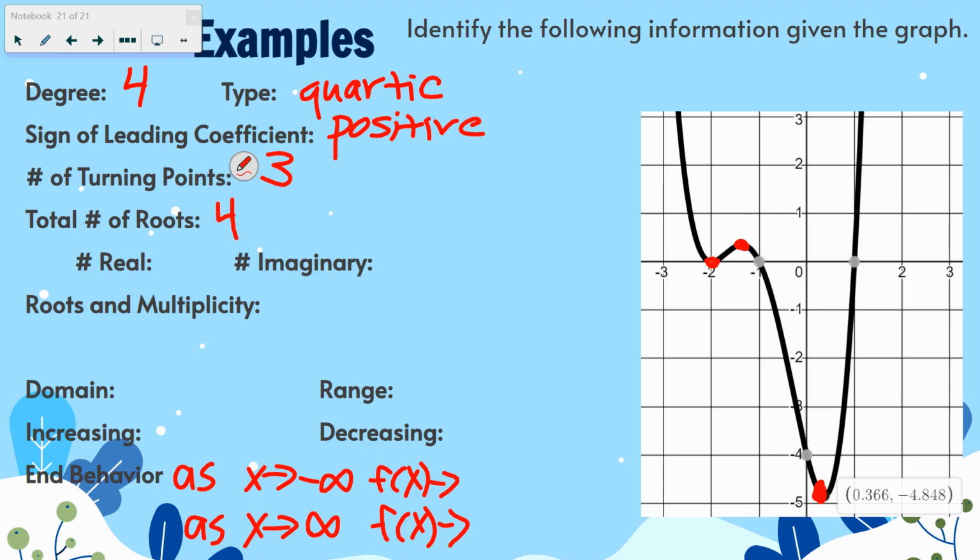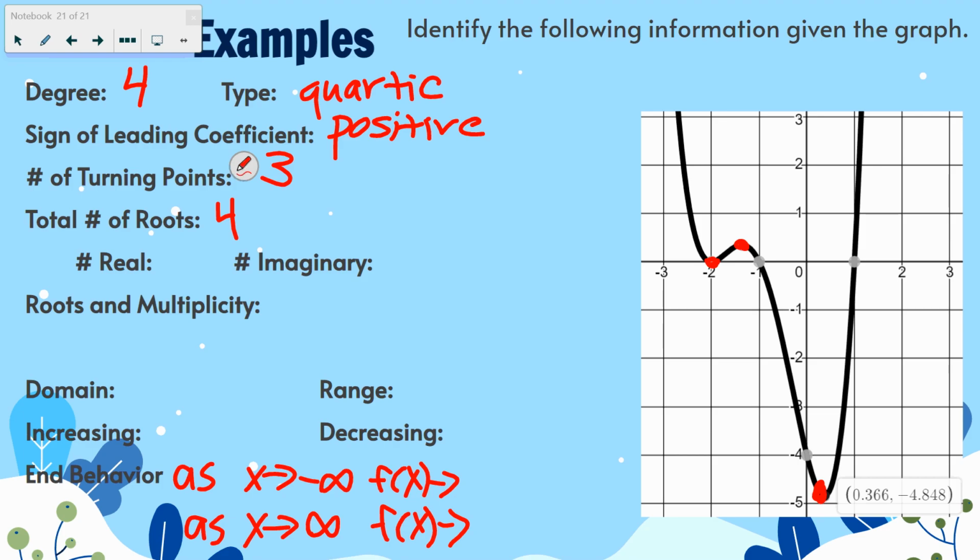So let's talk about what my types of roots are. How many real roots do you see? Or where should I find my real roots, I should say? On the x-axis. How many points do you see on your x-axis? 3, right? But how many do I have to have, though?